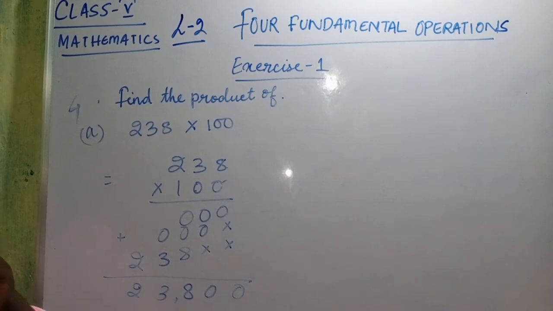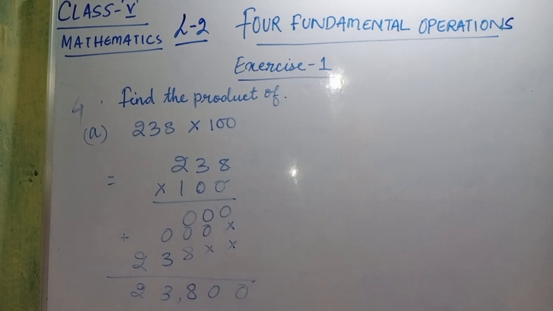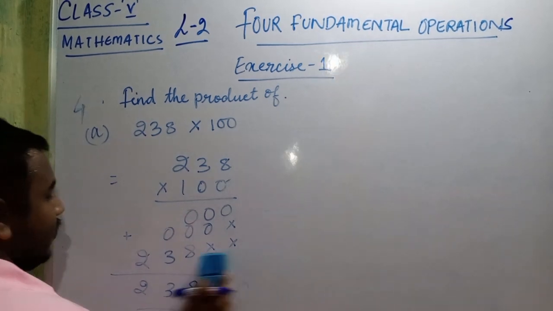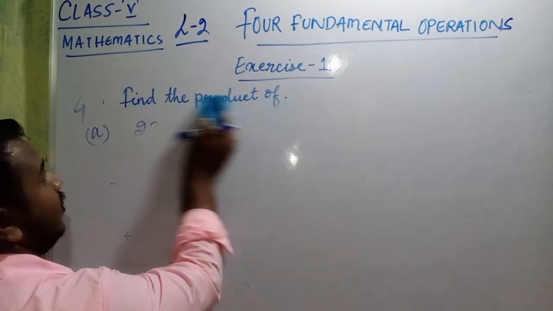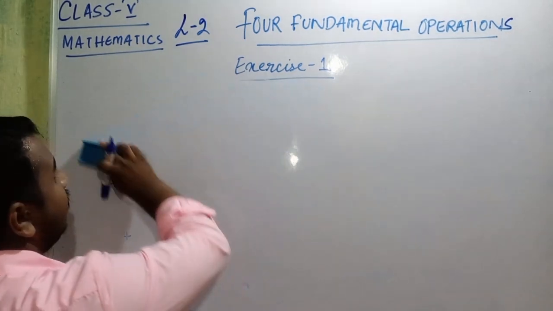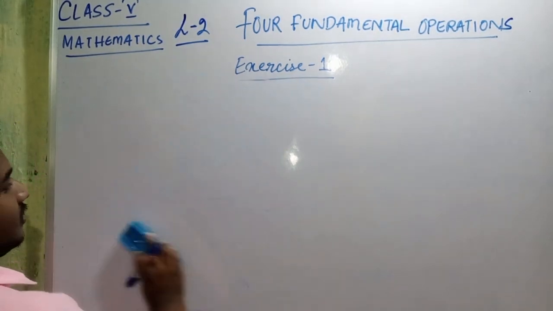Then the fifth one is division. What is the fifth one? Division. Okay. So next I told you is about division. So we will do the division now. Fifth number is divide and check your answer. So I will tell you how to divide and check your answer.